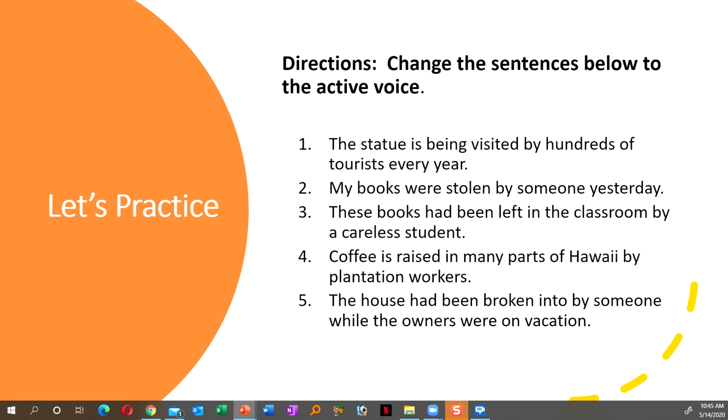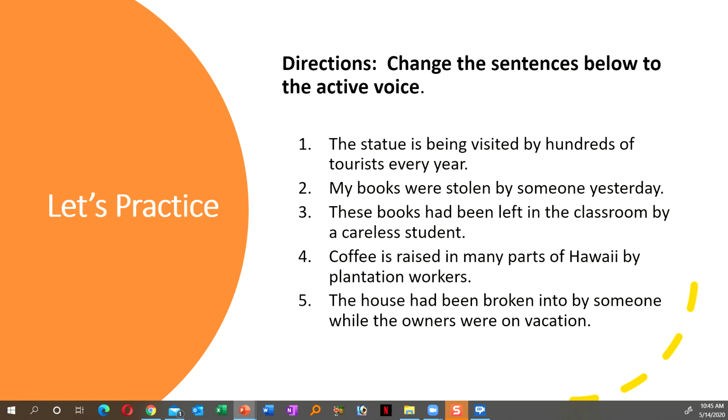Okay? So here's another one. These books had been left in the classroom by a careless student. Make that active voice. Tougher one. How would you make that into active? Yes, left, right?